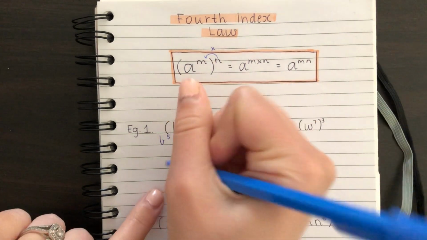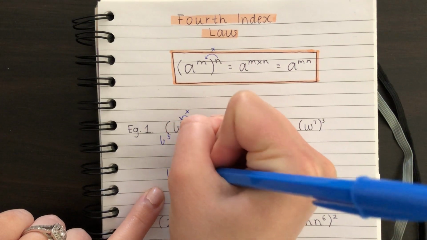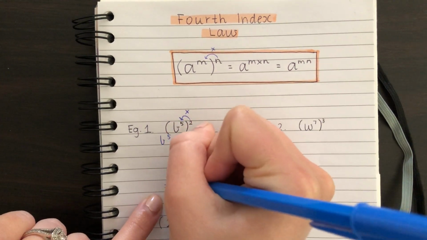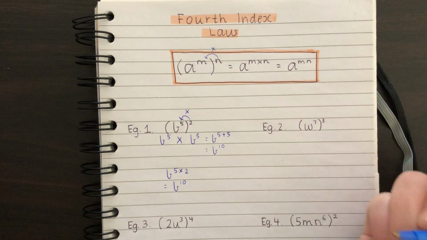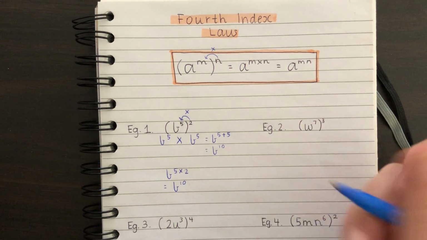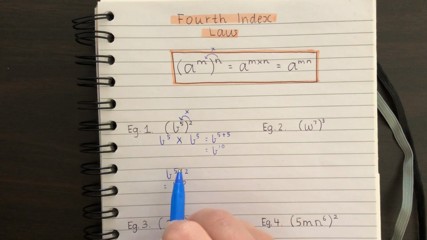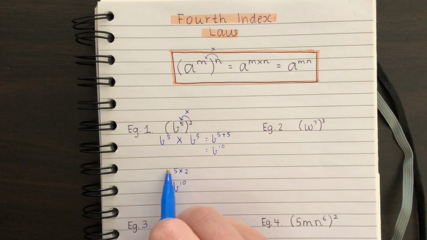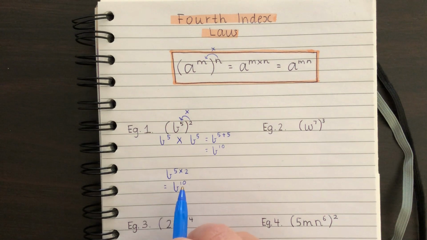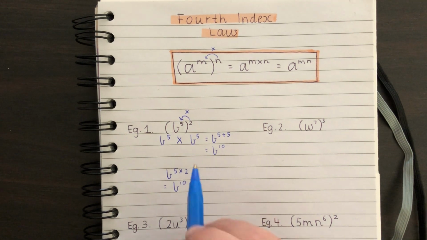Okay, I'll show you how we get the same answer. So it's this times this, and that ends up being to the power of the base. Okay, and the answer is b to the power of 10. Okay, I proved that it was right.